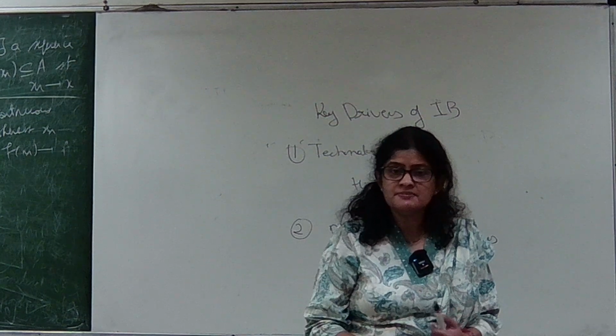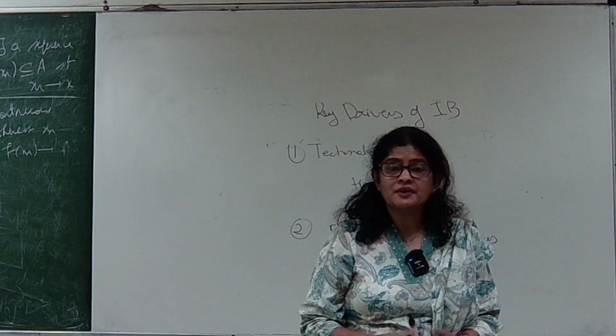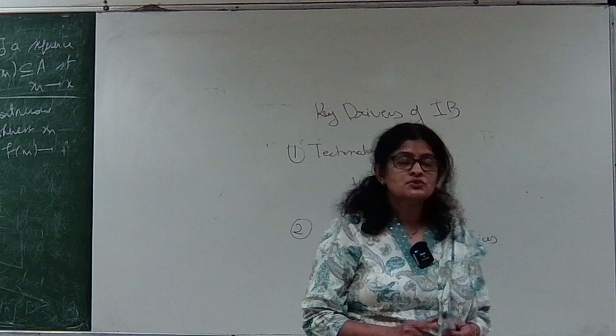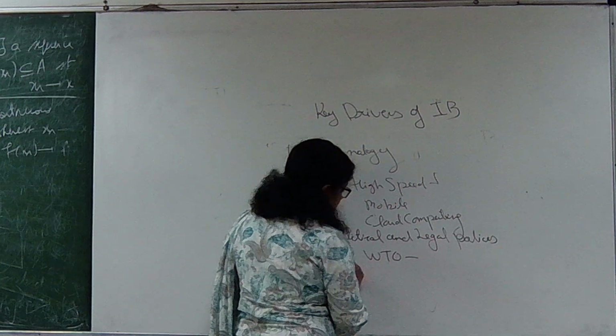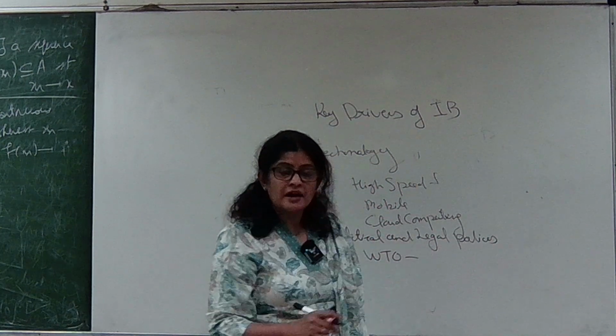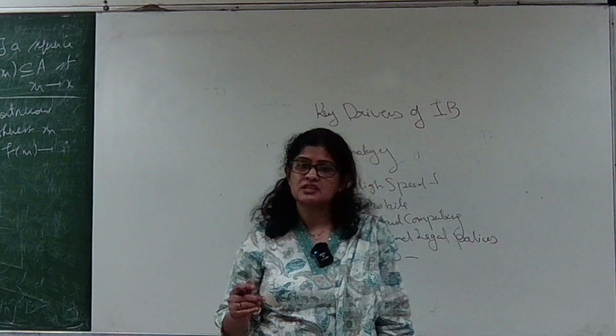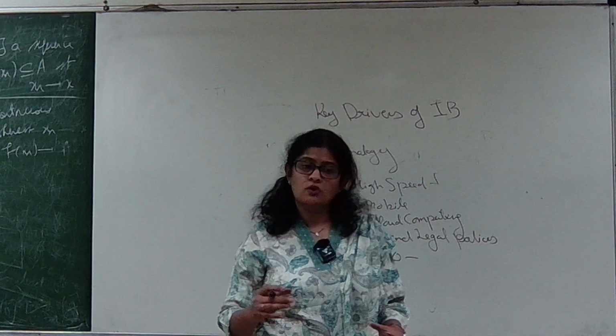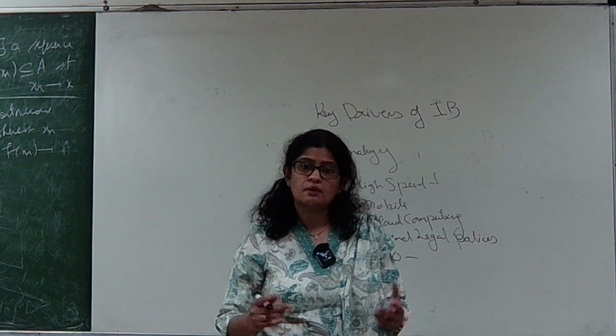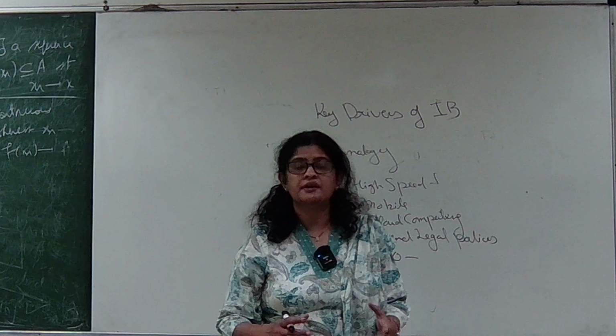So, there must be some kind of policy, some kinds of rules and regulations. This is how the World Trade Organization comes into the picture. The policies and practice of the World Trade Organization allow businesses at the international level, and allow different countries to come on the same platform and operate smoothly.